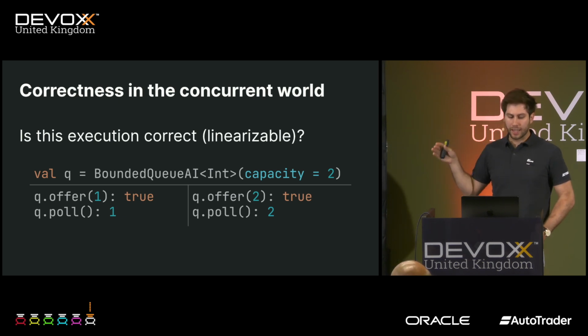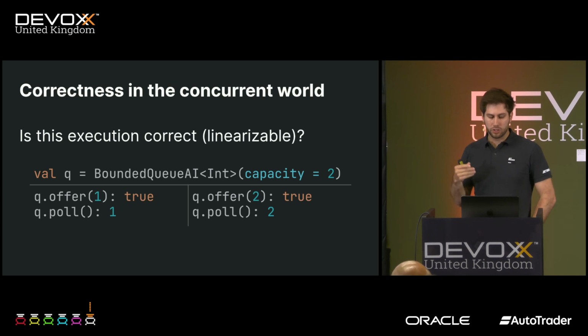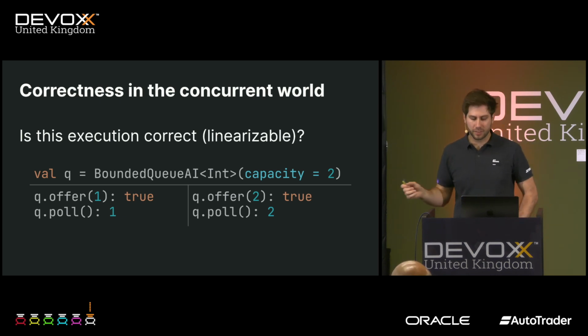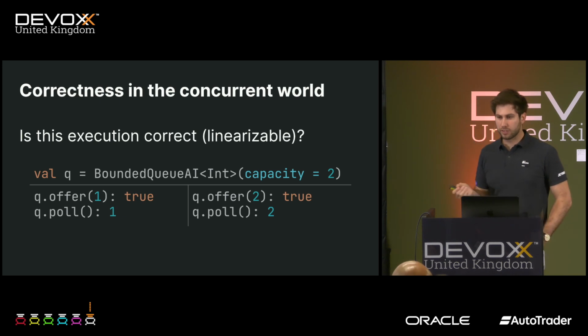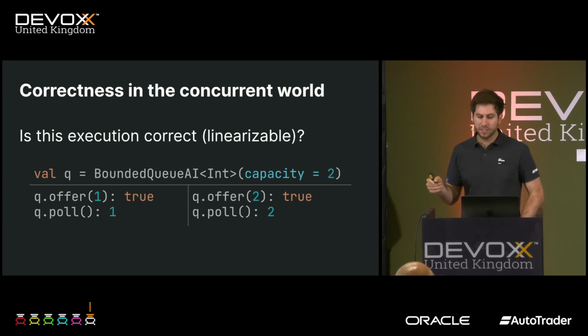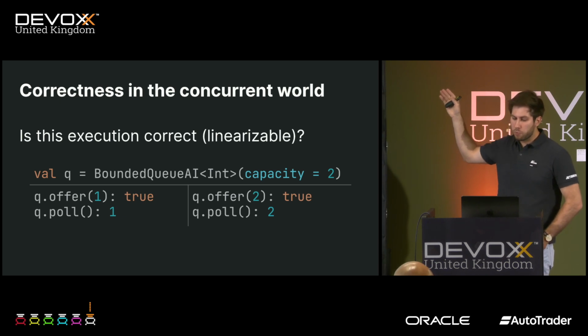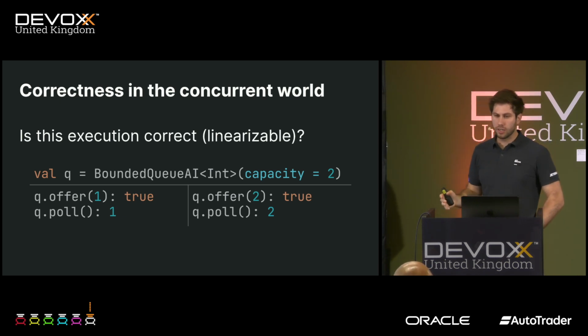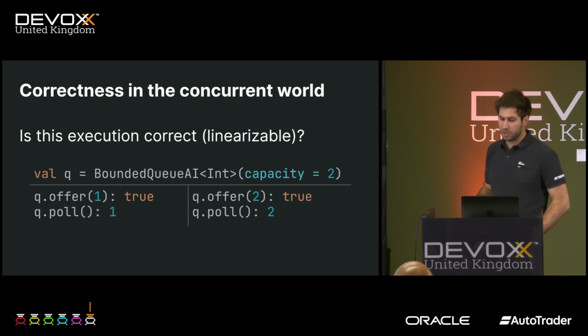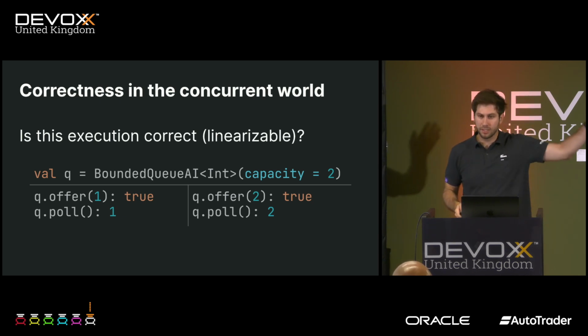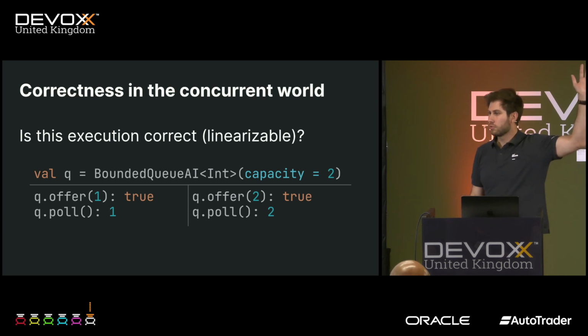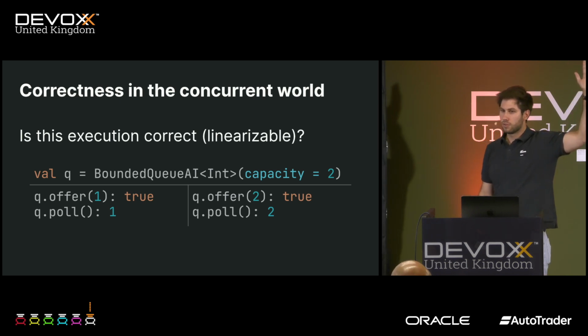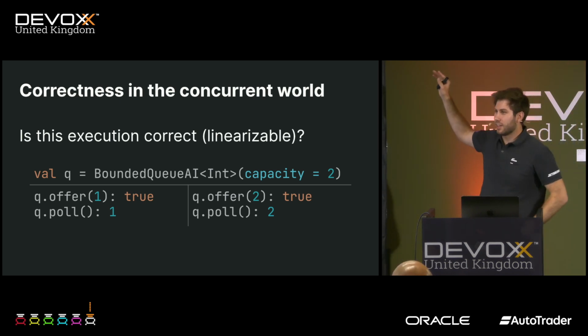In the first thread, we insert element 1 and then extract it. In the second thread, we insert 2 and extract it. Is this execution correct? Can we find a sequential execution that doesn't violate the happens before order and produces the same results? Who thinks it's correct? Who thinks it's incorrect?